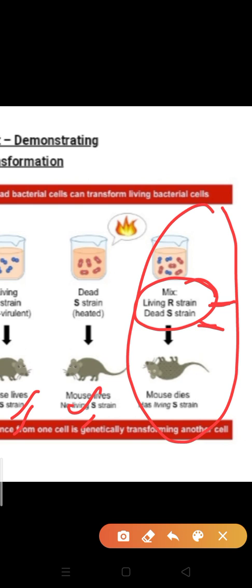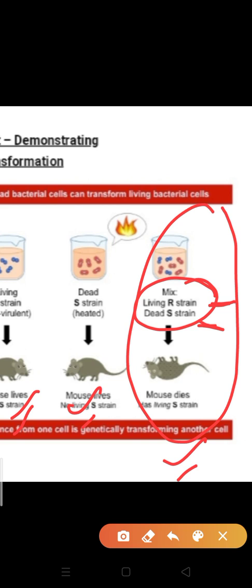Clear? So at that time you can see on screen also, and you can observe that in this case, as is expected, the mice should live, but due to this S strain material the mice die.